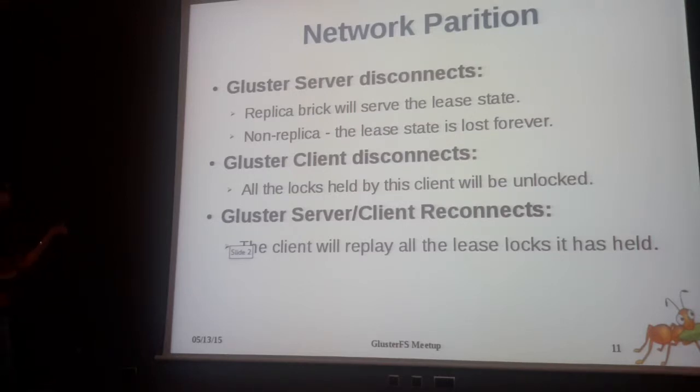And when a server or a client reconnects within the given reconnect timer, it will replay all the lease locks. The client will replay all the lease locks it has held, and the server will either grant them or not. It can recover the previous locks it had held in case of reconnect.